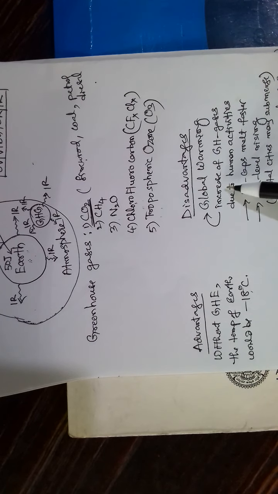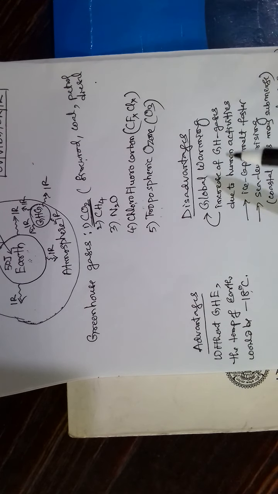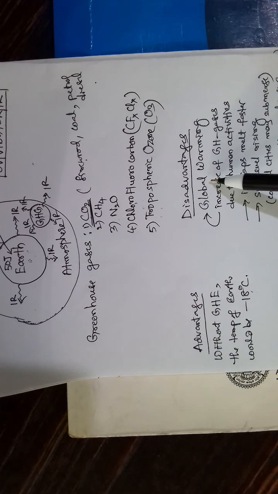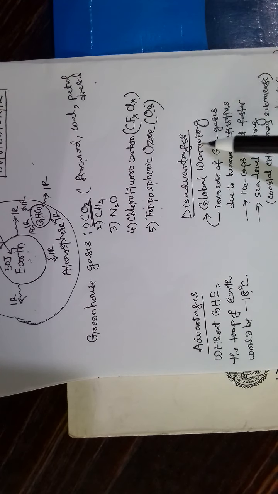So, because of human activities, greenhouse gases are increasing, and because of the increase of greenhouse gases, the atmosphere and earth surface temperature is increasing, and that is called global warming.